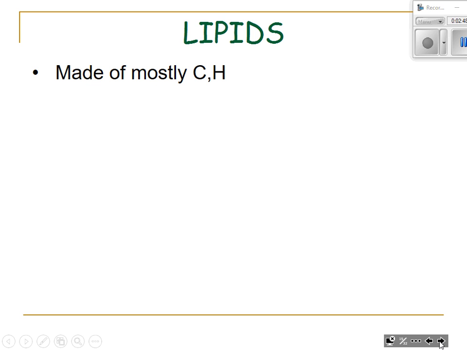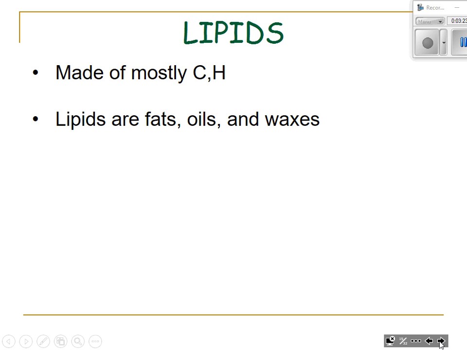Lipids are made mostly of carbon and hydrogen. Now you ought to be able to fill in the next line because we just talked about it. Lipids are, what were the three pictures on that previous slide? Fats, oils, and waxes.